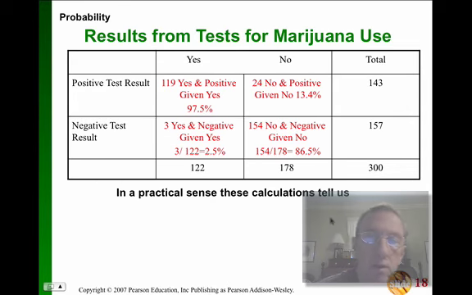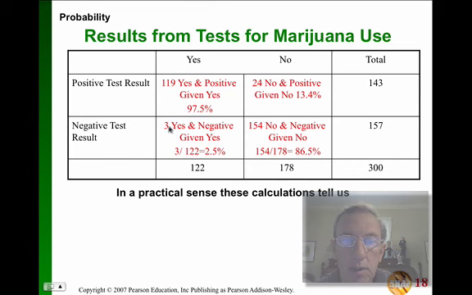And I did the remaining two boxes for the columns. If I made the statement, given a positive test result, what's the likelihood of yes? That's a different calculation. That's 119 divided by 143. But I wanted to show you just the columns. Given yes, 119 divided by 122, 97.5.